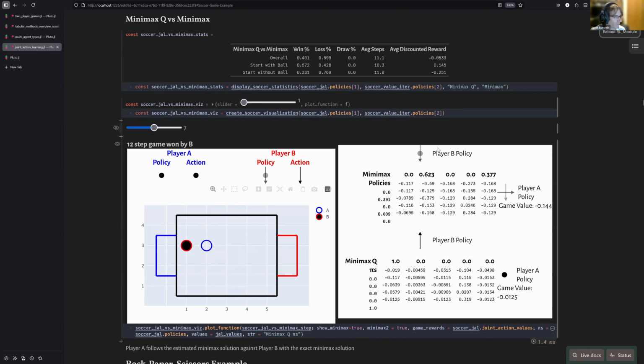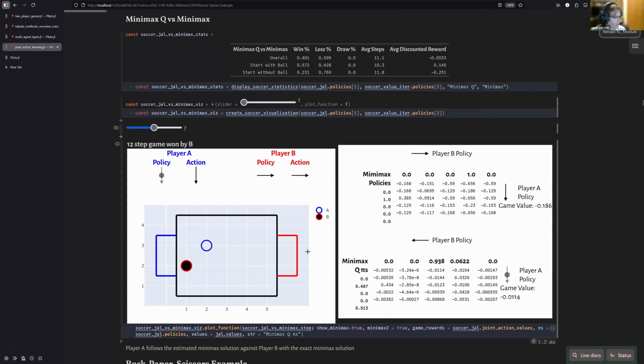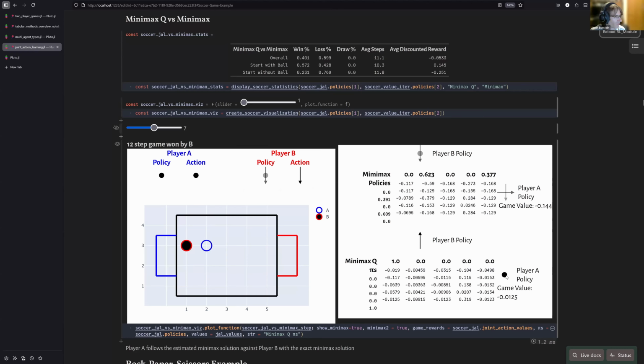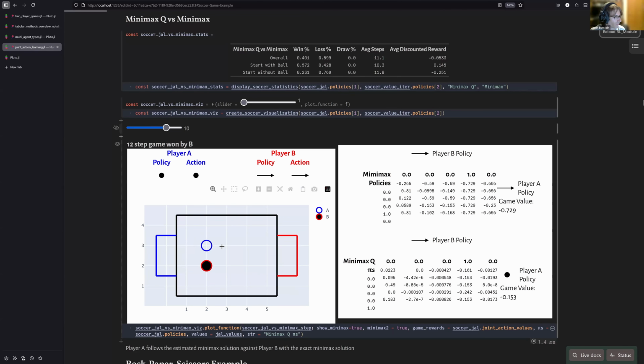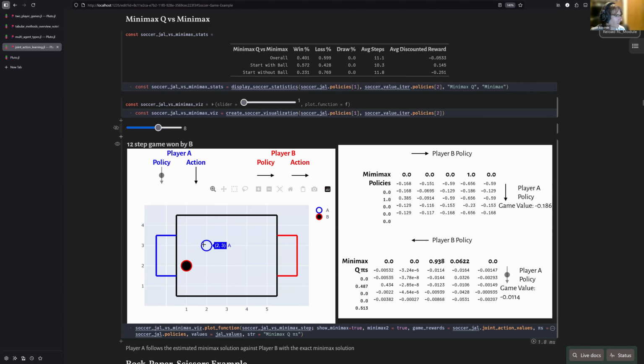We do see here a difference between the two policies, where the A player ideally should either go down or to the left in this situation, but what it actually does is stay still.